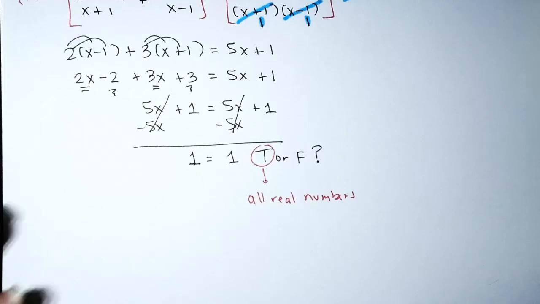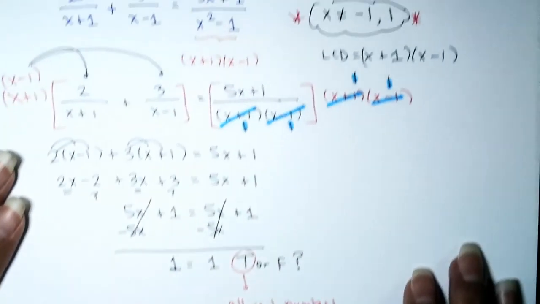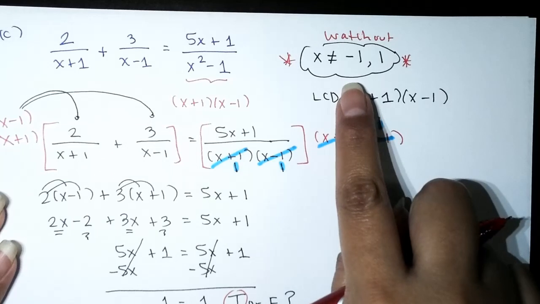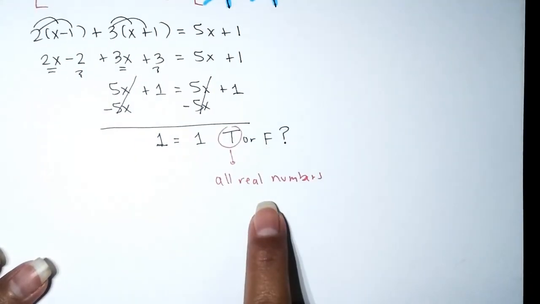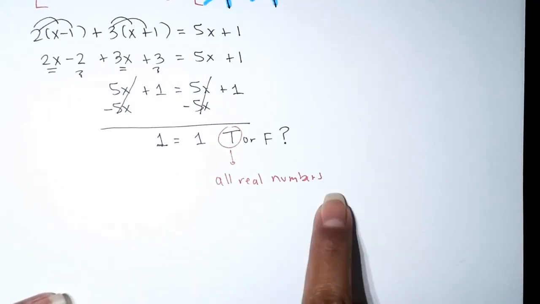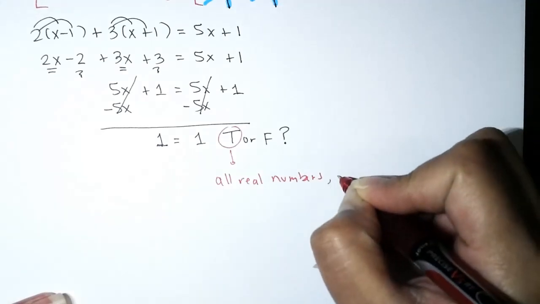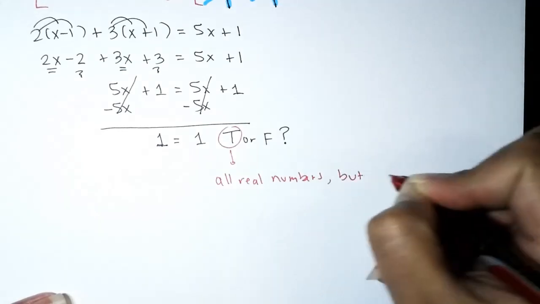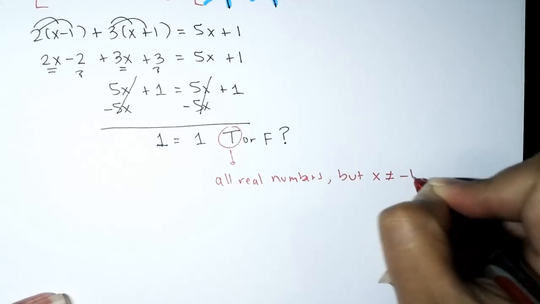We had said x could equal anything except for -1 and +1. So the solution set is given by the set of all real numbers with the exception of those restrictions. So I'm going to write a little note to myself: all real numbers, but x can't equal -1 or 1.